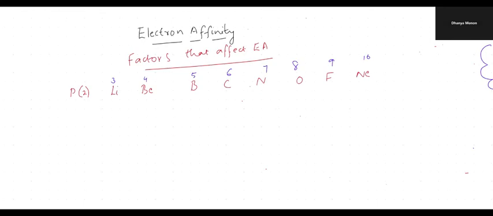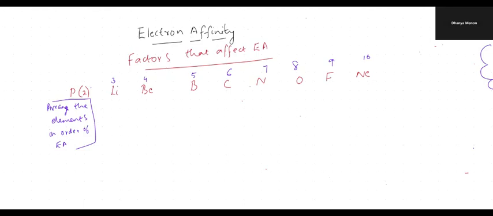Arrange the elements in order of electron affinity, increasing or decreasing, whatever. So, according to what we learned just now, what is your expected arrangement?